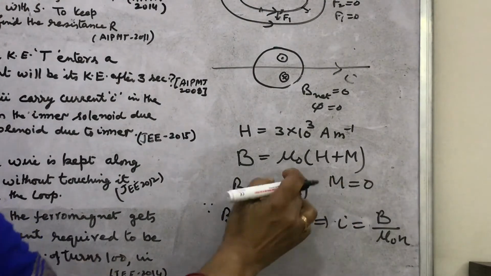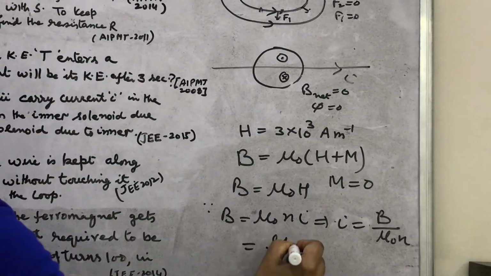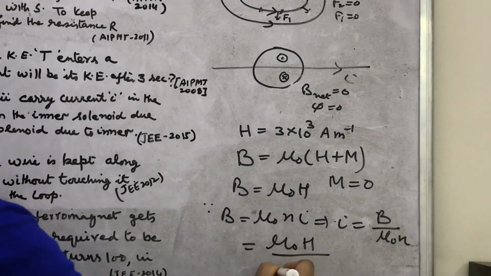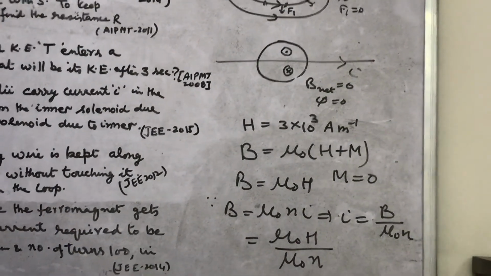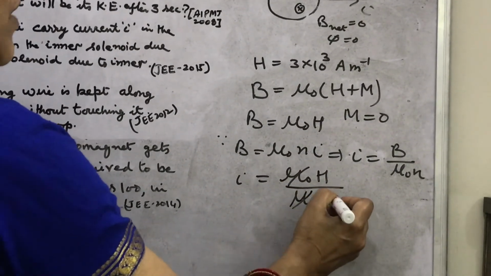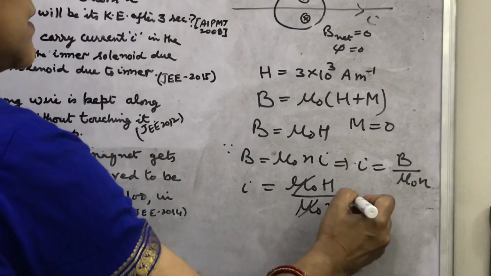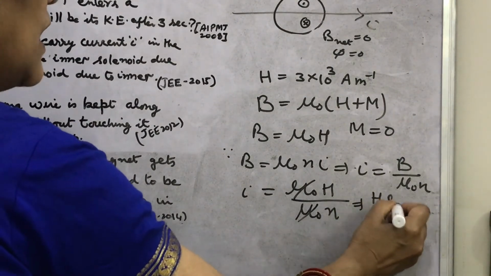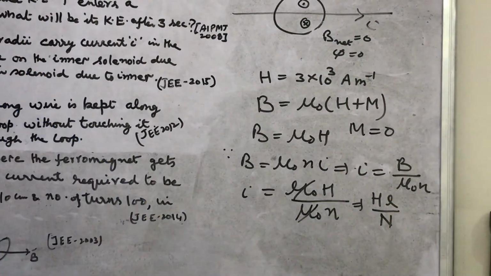Put the value of B, so you will get mu naught H upon mu naught n. This is I. Mu naught will cancel. What is n? This n is N upon L, so I equals H L upon the total number of turns.